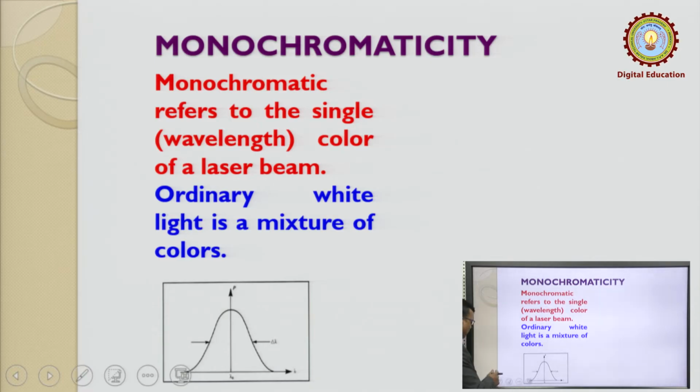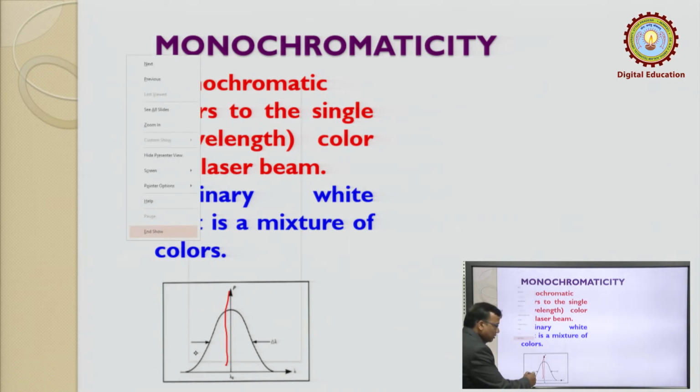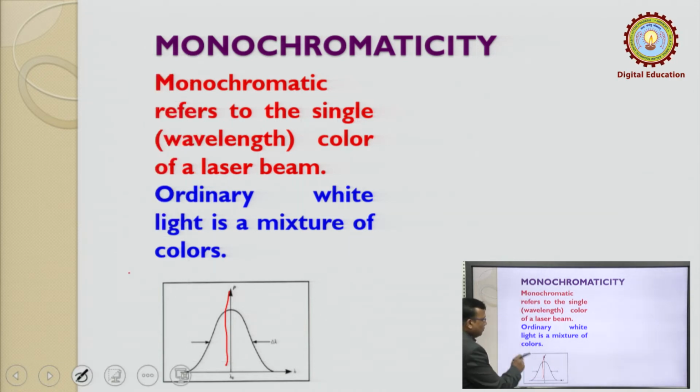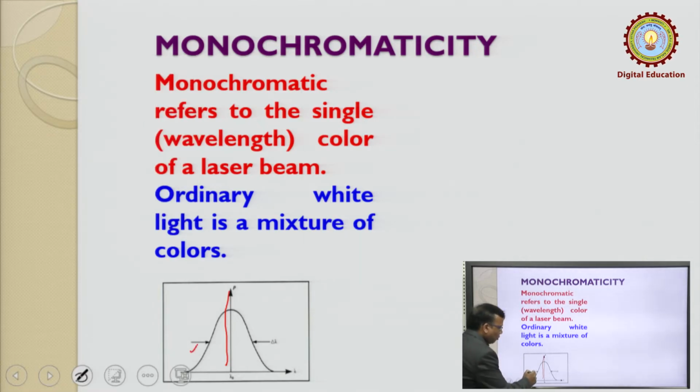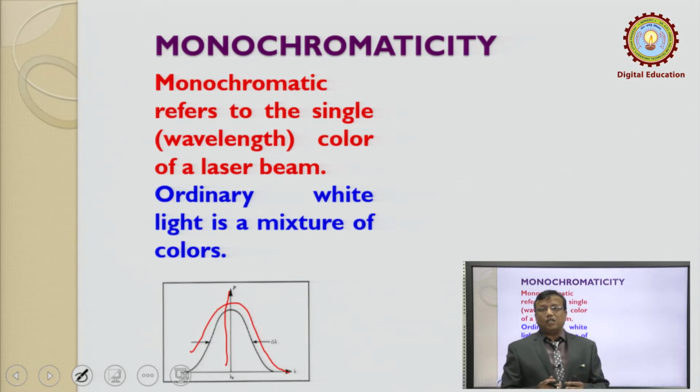Here in the graph, see that the laser beam is a narrow beam, while the ordinary light is a mixture of wavelengths, so it has a broad spectrum. So that's why a laser can travel a large distance in a medium, unlike ordinary light.